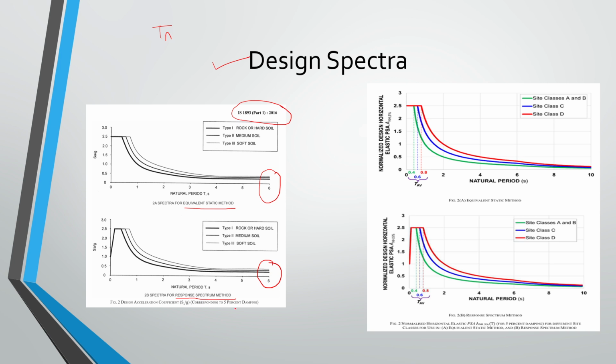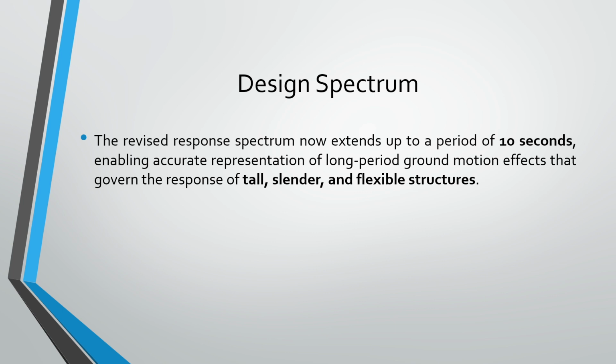It was up to 6 seconds, but in this revised 2025 IS code, it has now been extended to 10 seconds for both the response spectrum method, and here you can see the equivalent static method. It is up to 10 seconds. So the benefit of this revised response spectrum is that it now extends up to a period of 10 seconds, enabling accurate representation of long period ground motion effects that govern the response of tall, slender and flexible structures.